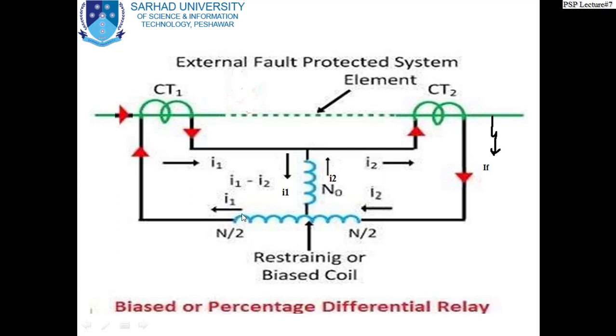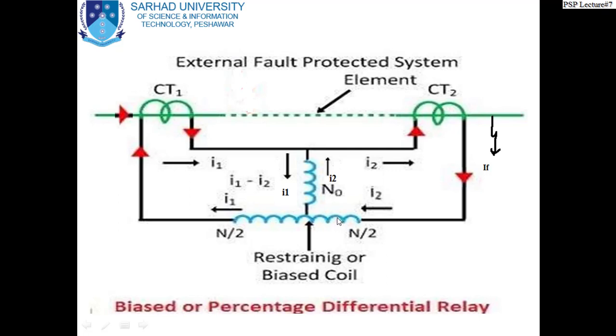This is important to be noted. While these currents flow in opposite directions in the operating coil, in the restraining coil the direction of I1 and I2 is the same. So any restraining torque produced by them will be added together.